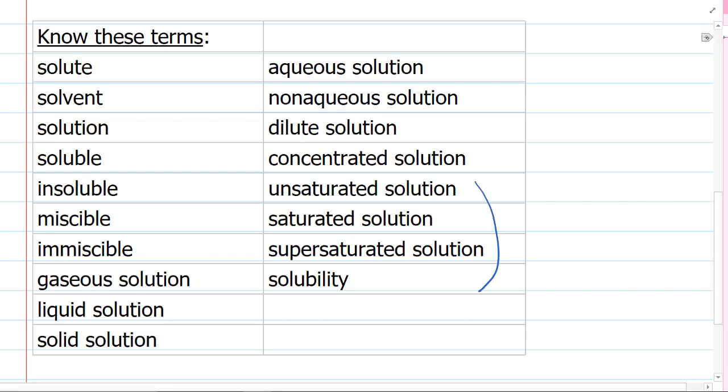and we'll start by defining a saturated solution. And again, the rest of those terms on there are your responsibility to work with. We talk about a saturated solution.